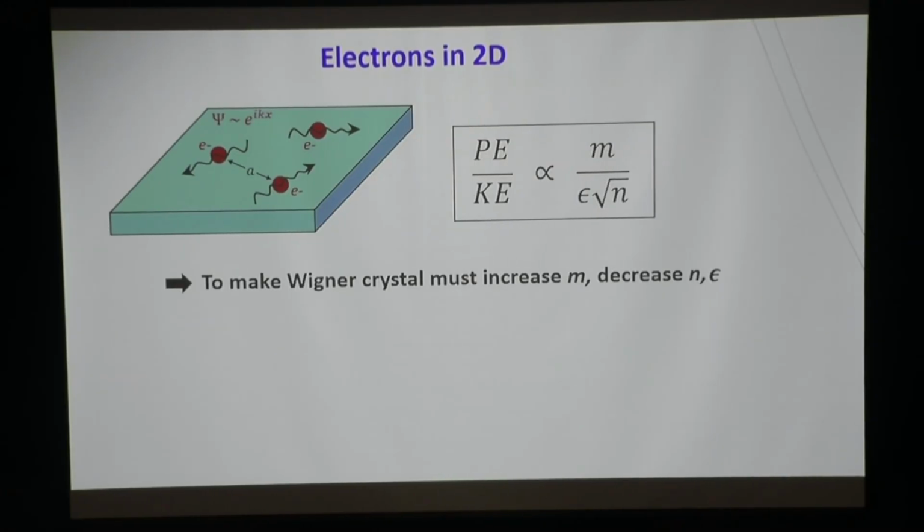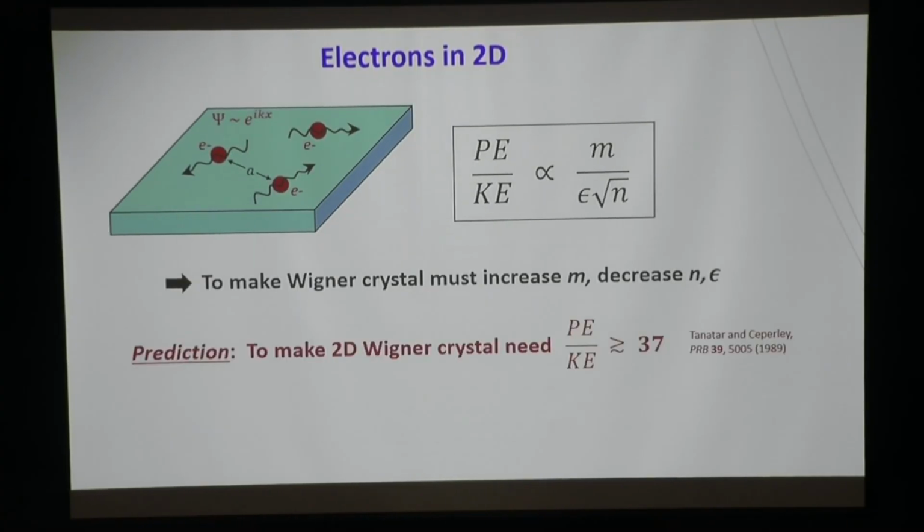I just showed it. However, what's not so easy to show is what the precise dividing line is, the precise value of this ratio that divides the liquid from the solid phase. That's really hard to figure out. But luckily, some smart people in the late 80s, Tanatar and Ceperley separately, did some quantum Monte Carlo calculations, and they predicted that for two-dimensional electrons, that dividing line is right when this ratio, rs, is equal to 37.